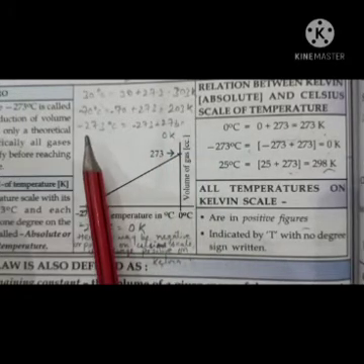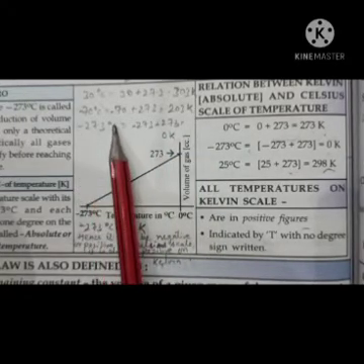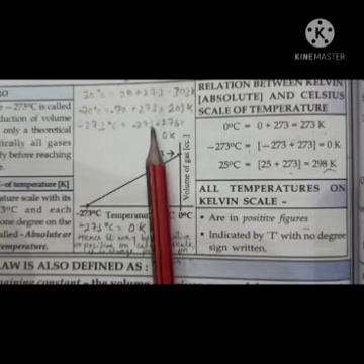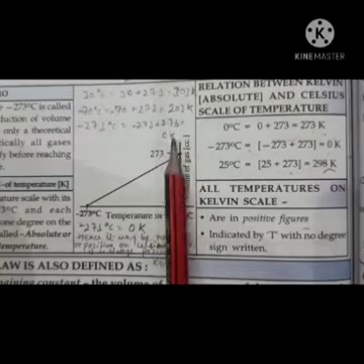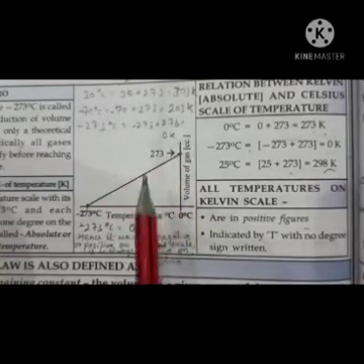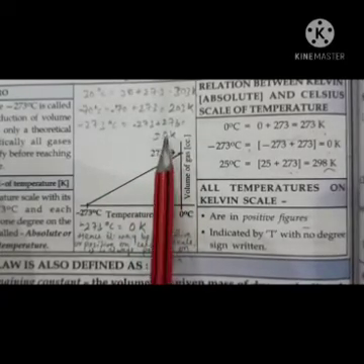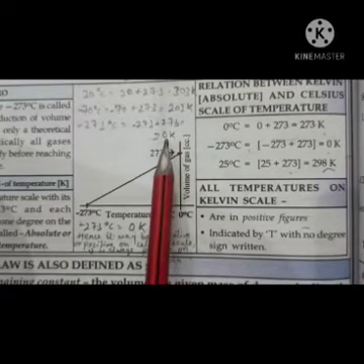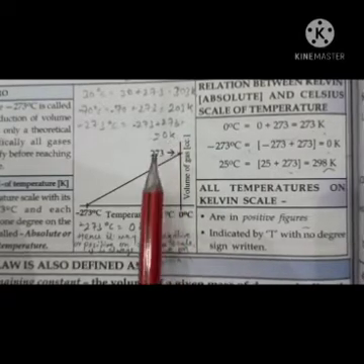And if you take minus 273 degrees Celsius, you do minus 273 plus 273, which is equal to 0 Kelvin. That is why all temperatures on the Kelvin scale are positive figures.